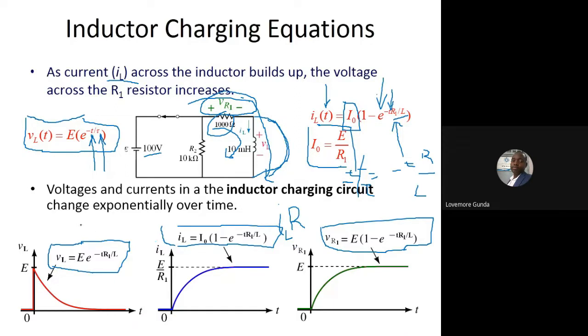So when you try to move current from 0 to I naught in a certain time, then the di by dt will be very large. But after that, you've just charged the capacity of the inductor, then slowly the field depreciates, and the voltage is going down.